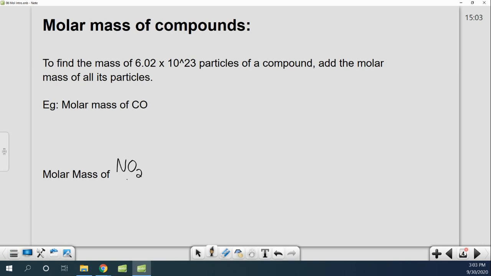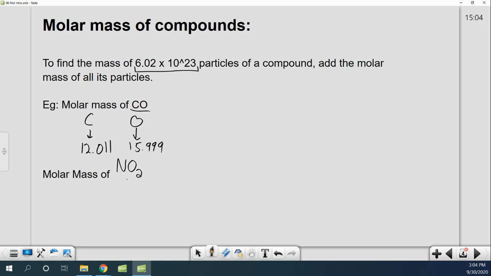What about compounds? What if we put things together? So if I want to find the mass of 1 mole, 6.02 times 10 to the 23 particles of a compound, you just add the molar mass of all of its particles combined. So, okay, carbon monoxide. I look up carbon. It is 12.011. I look up oxygen. Oxygen is 15.999.